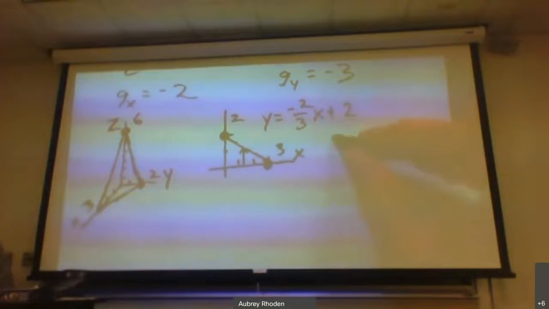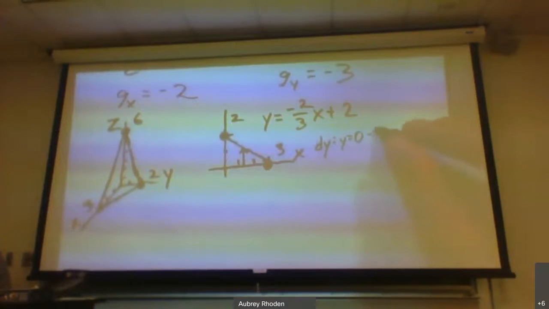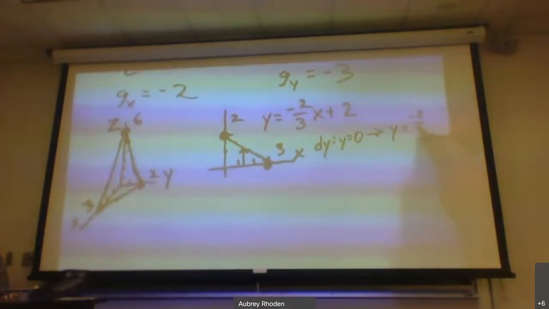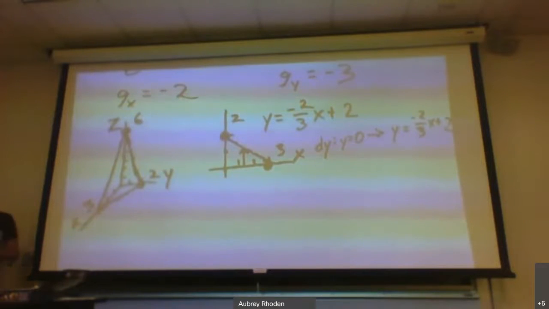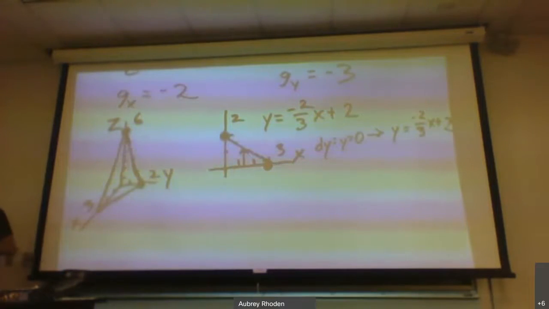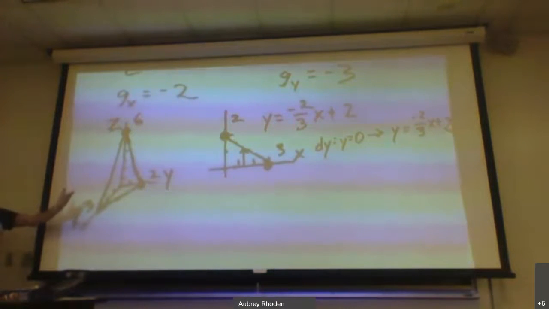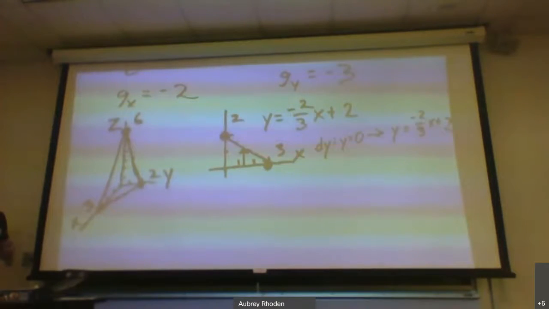So my dy is going to be defined as y equals 0 to y equals negative 2/3 x plus 2. So I'm just going from the bottom of that line, from the x-axis where y equals 0, up to the line y equals negative 2/3 x plus 2.